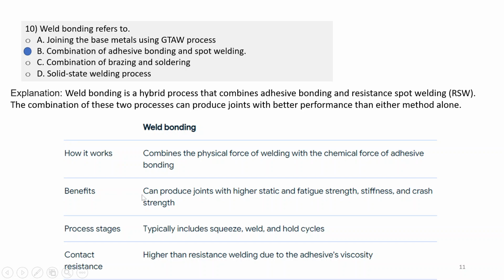Benefits: it can produce joints with higher static and fatigue strength, stiffness and crash strength. The process stages typically include squeezing, welding and then hold cycles. Contact resistance is higher than in resistance welding due to the adhesive's viscosity.